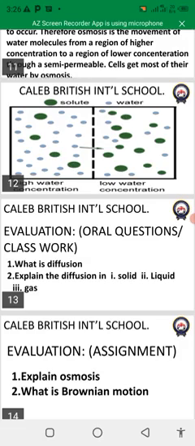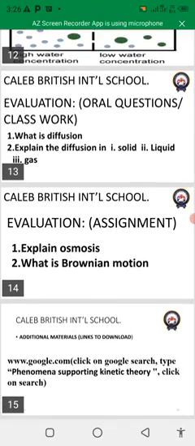Diffusion is very, very fast in gas, minimal in liquid, but very, very slow in solid. So our assignment is: explain osmosis. And number 2, what is Brownian motion?